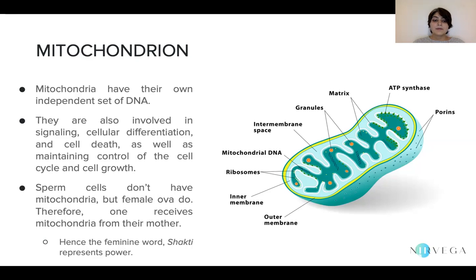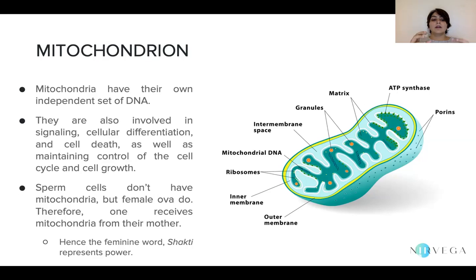Now, sperm cells, we have to understand, don't have any mitochondria, but the female ova do. The female egg that is released every month during the cycle of a woman does contain mitochondria.